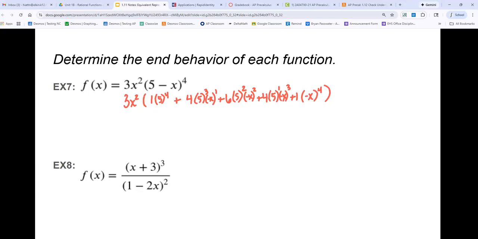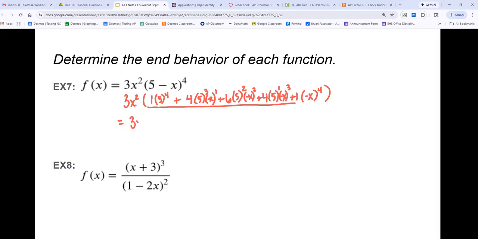But which part is going to have the highest exponent? This last piece right here, this x to the 4th power, right? So I'm kind of ignoring all this stuff right here because it's not that important for me, right? But I do know negative x to the 4th power is going to be negative x times negative x times negative x times negative x, which will give me a positive x to the 4th.